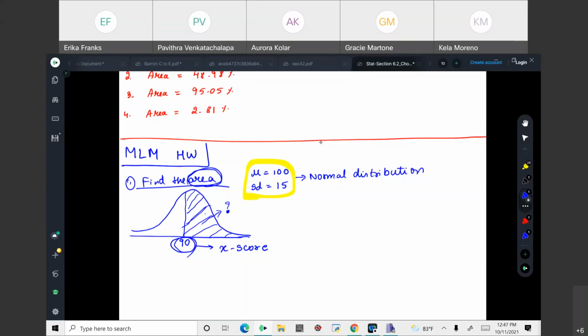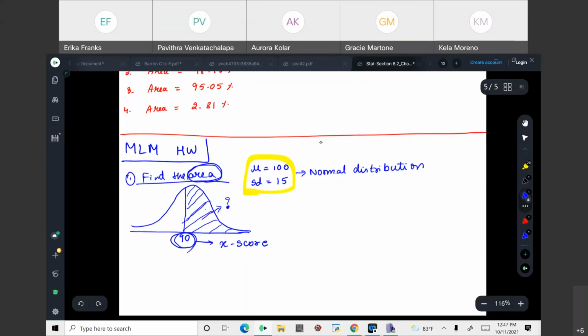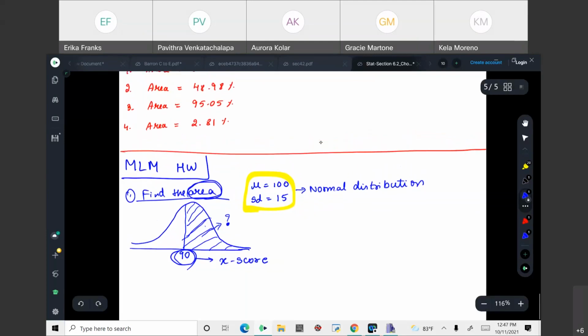Yes, 90 would be the lower. You have most of the problems like this in your homework, similar to the same kind. Sometimes you will have between values also. Something like this will be the shaded region.